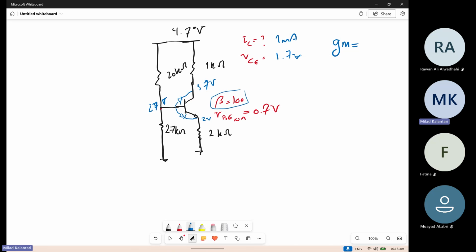The device can have the gain. Then you can put the small signal model, and for the small signal model, what we need is the GM, right? So how much is the GM for this device under this condition?